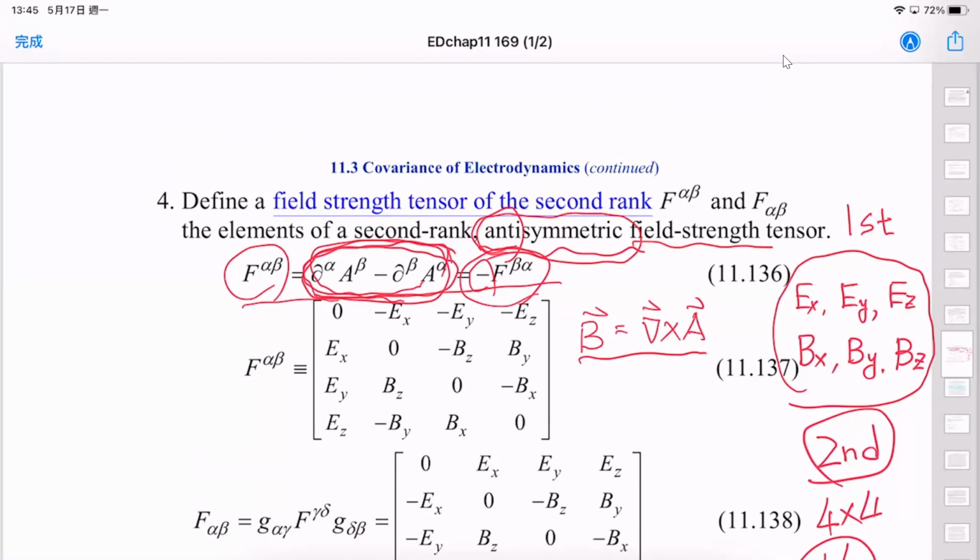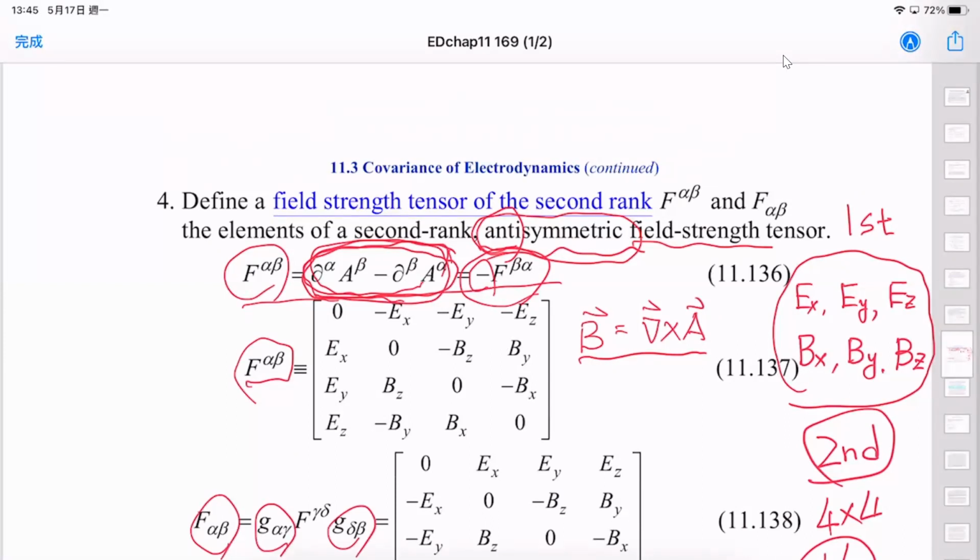So it's an anti-symmetric second rank tensor. What's the difference between up and down? If you want to lower the index, this is the upper index. To lower the index, just use the norm tensor or metric tensor.